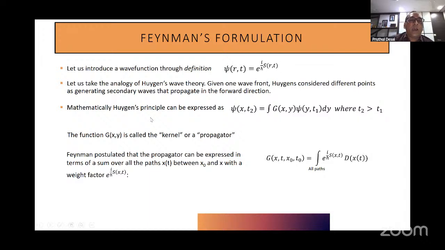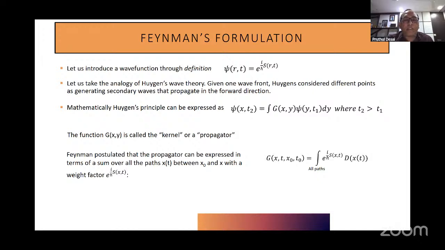Mathematically speaking, Huygens' principle can be expressed as the wave function at time t2 being the integral of G(x,y) times the wave function at time t equal to t1, where t2 is greater than t1, and G is called the kernel or the propagator, which makes the wave function move. Its value changes from that at t1 to that at t2. So this idea of the propagator is extremely important in quantum mechanics.